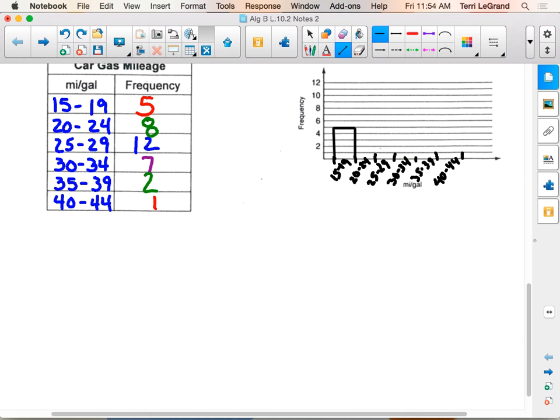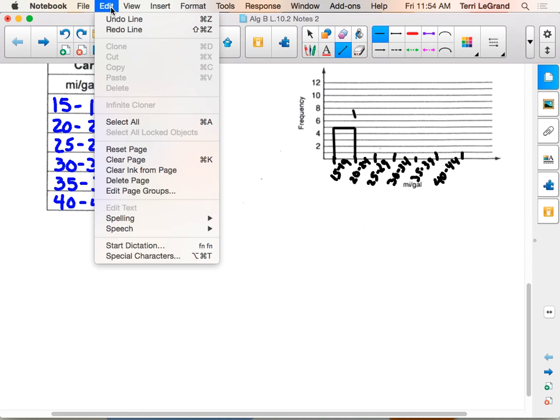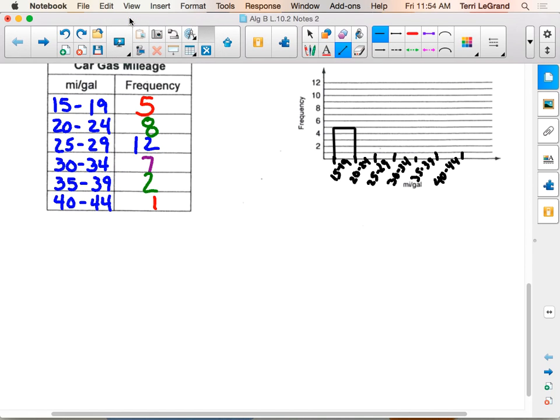After that one is done, you're ready to move on to the next interval and create its bar. You'll get to use part of the vertical line that's already there from the previous interval.